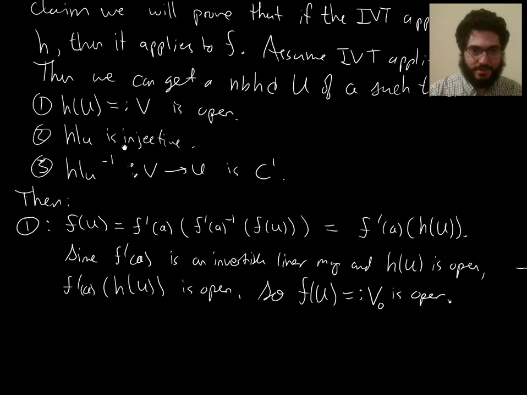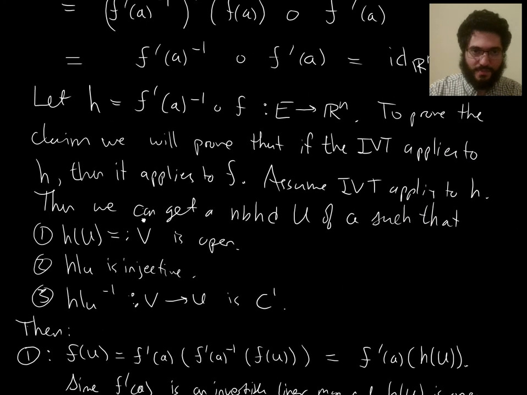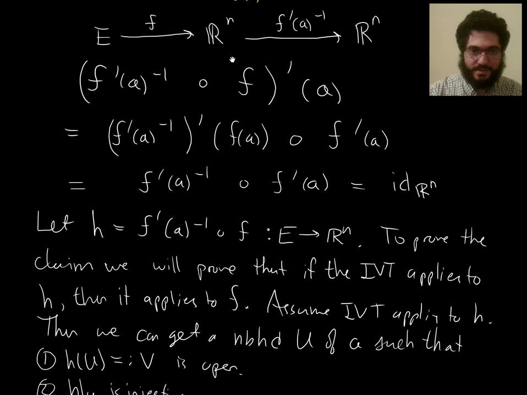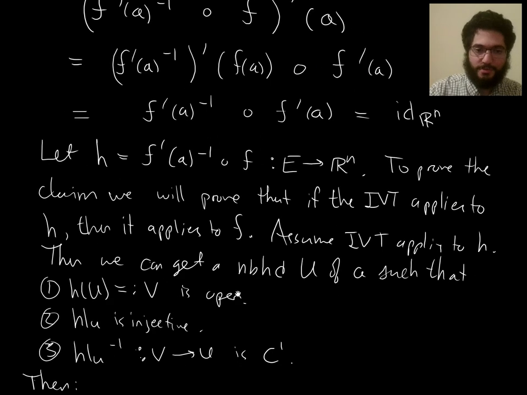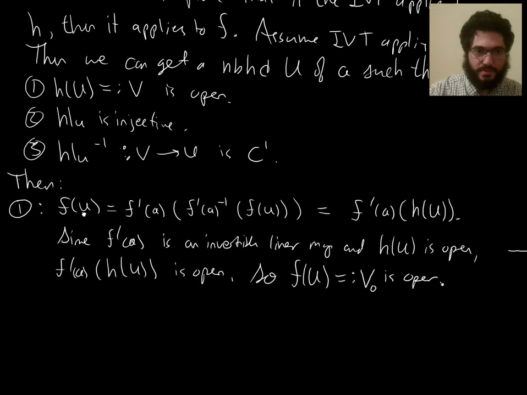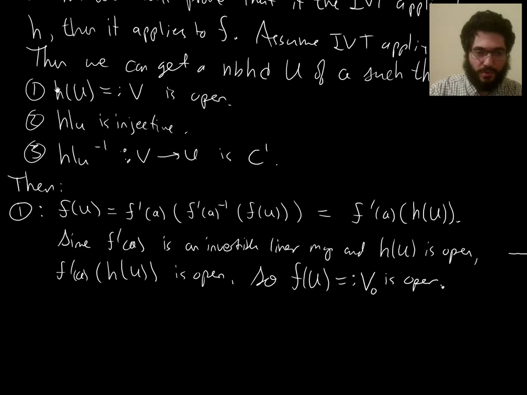All right, great. So if one can prove that this maps some u to an open set, then f maps u to an open set. So the number 1 for h gave us number 1 for f. Now 2. So h restricted to u is injective.